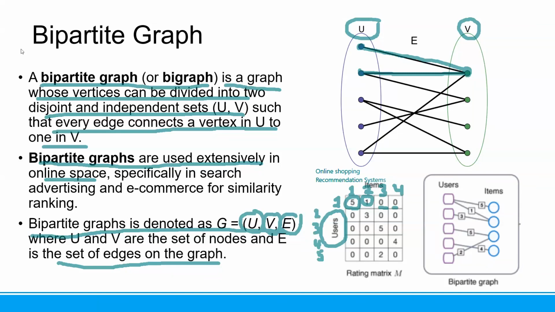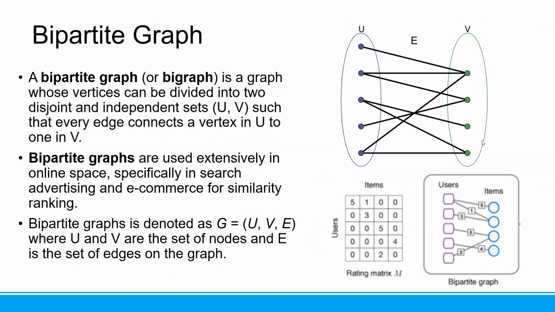And also we can see another kind of representation. If you are familiar with this matrix, we can convert this matrix into a bipartite graph, like this one. So the user is connected to this item, and the review is 5, and the user is connected to this item, the review is 1.